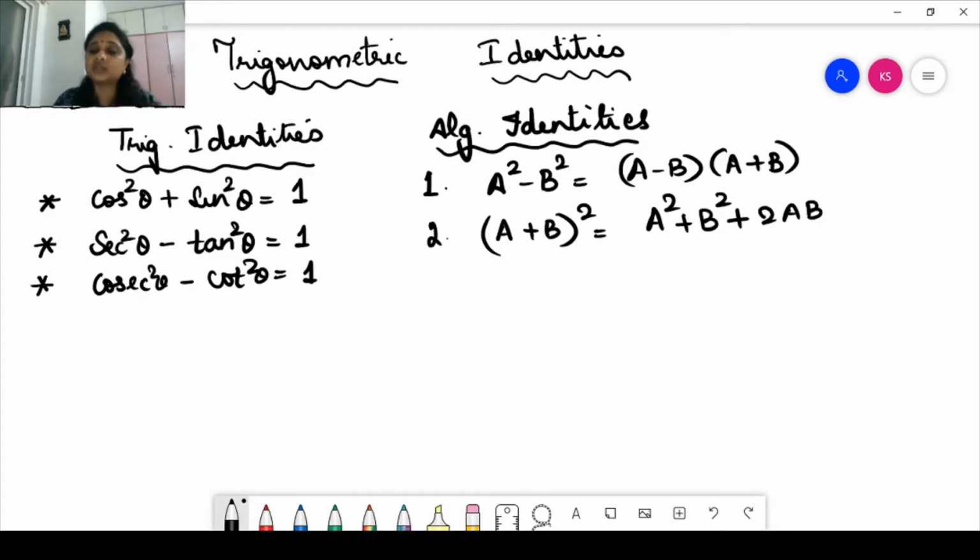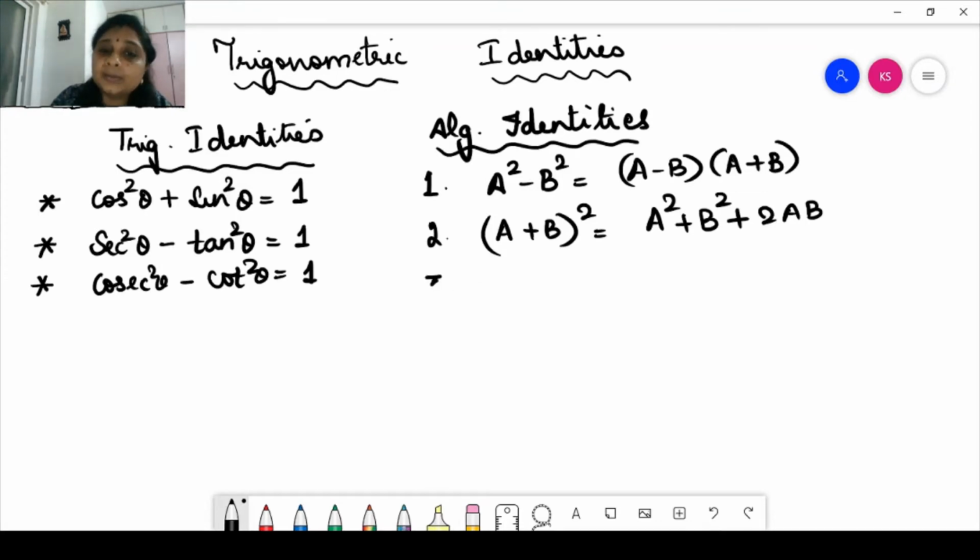You should remember that a square plus b square is not equal to a plus b the whole square. The square is for the whole sum here, whereas here it is individual squares summed up. Those two are never equal. This has to be remembered when you solve the problems.